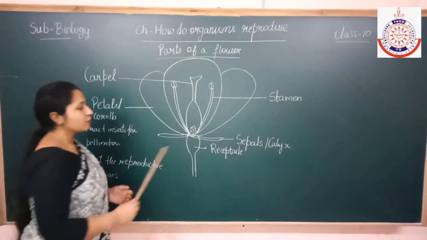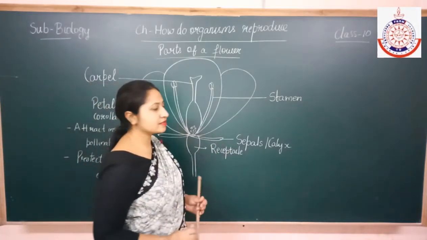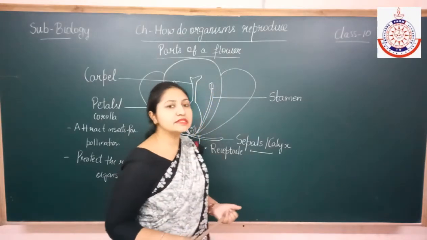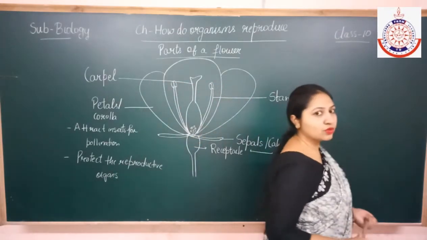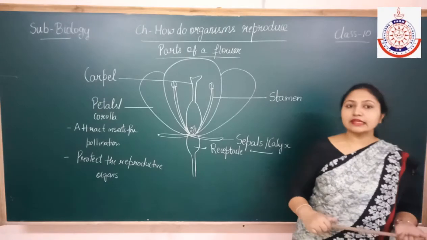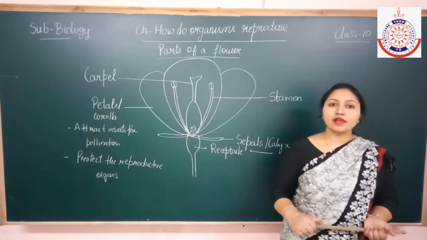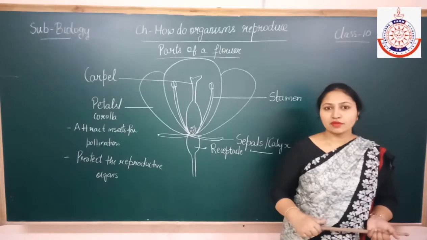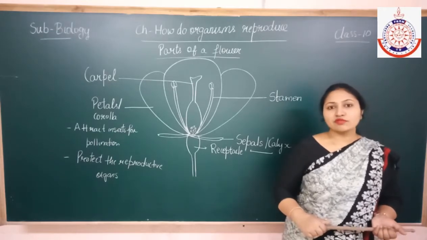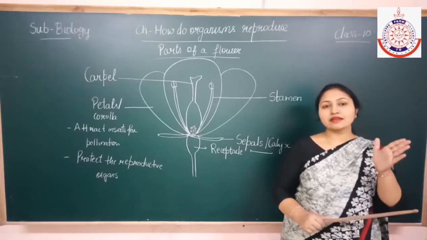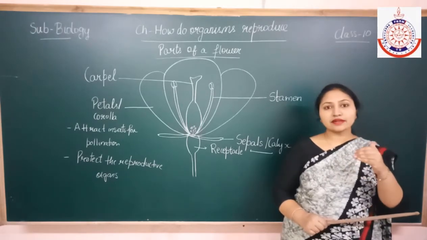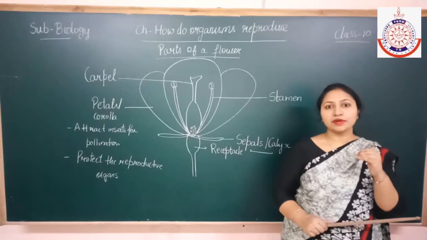Now what is the function of the sepals, the calyx? All of you know that in its initial stage the flower is present in the form of a bud. Have you seen that the petals are covered by the green sepals in the bud?